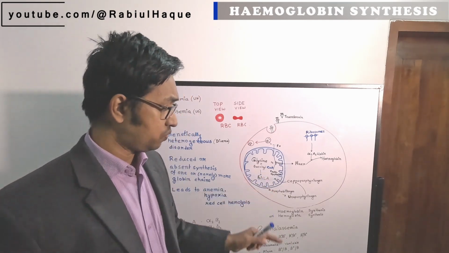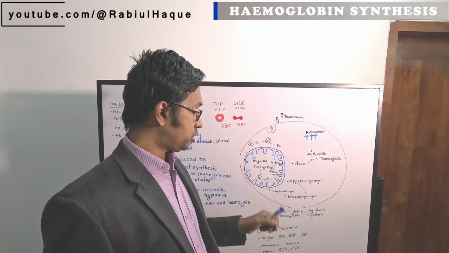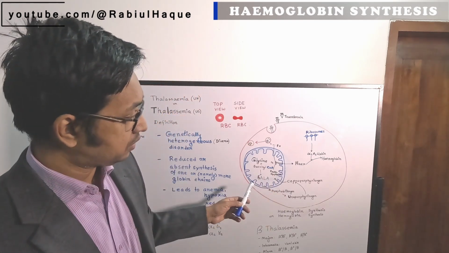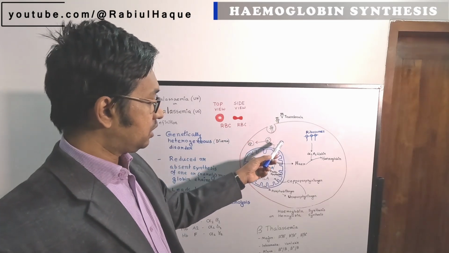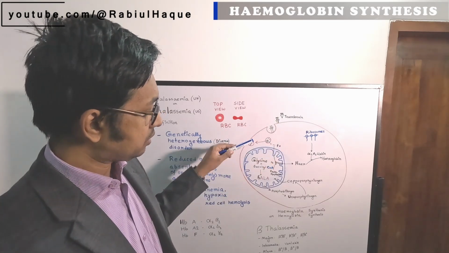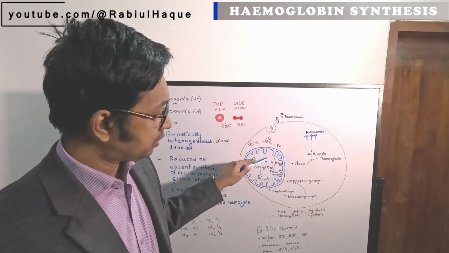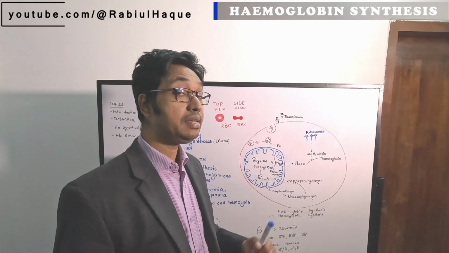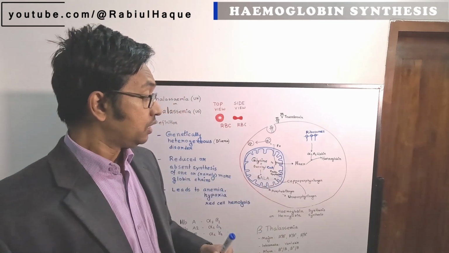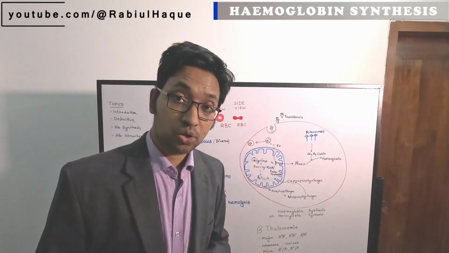This is very important for your multiple choice questions. At the same time iron has entered the cell, and ultimately protoporphyrin and iron combine to form heme. This is the heme portion of the hemoglobin.